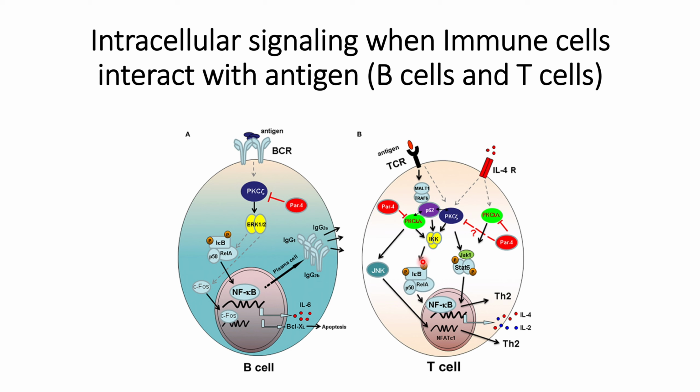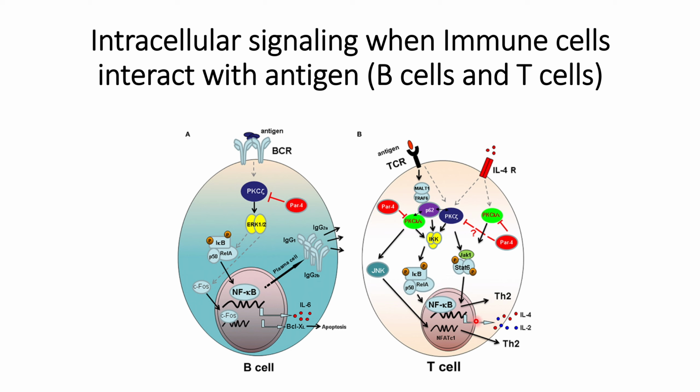That leads to phosphorylation of IκB, and a similar complex formation occurs, that is phosphorylated IκB, P50 and RelA, which causes NF-κB to translocate into the nucleus and upregulate the genes involved in interleukin 4 and interleukin 2.